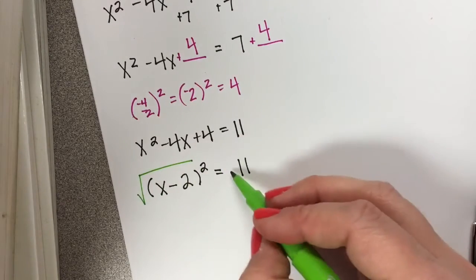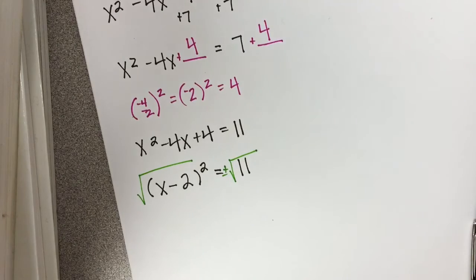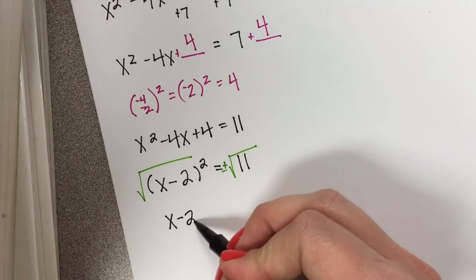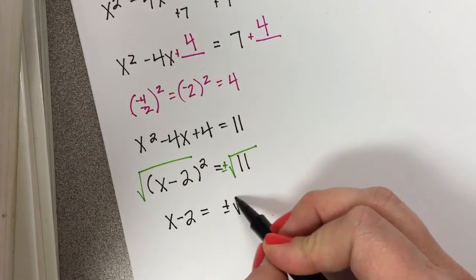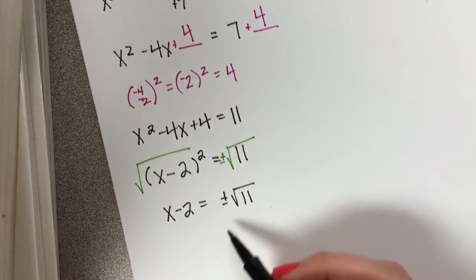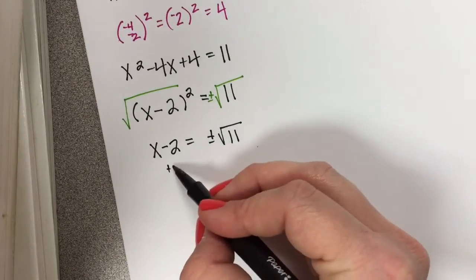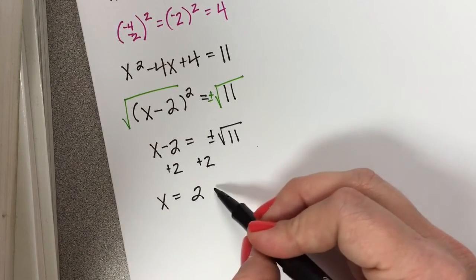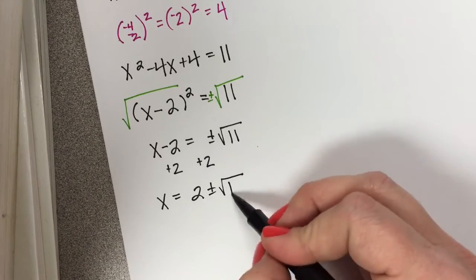So I take the square root of both sides. So I get x minus 2 equals plus or minus the square root of 11. I don't know the square root of 11. I'm going to add 2 to both sides. So x is equal to 2 plus or minus the square root of 11.